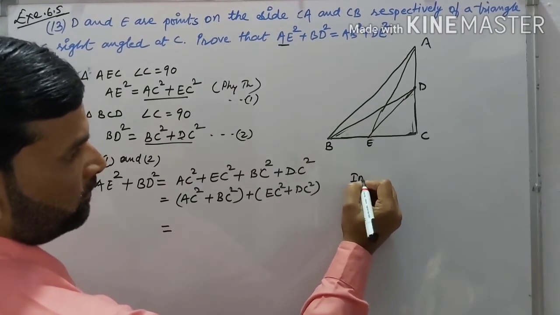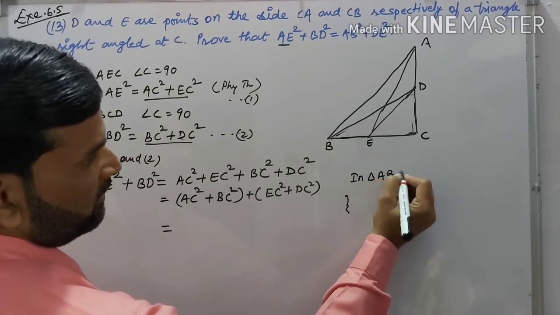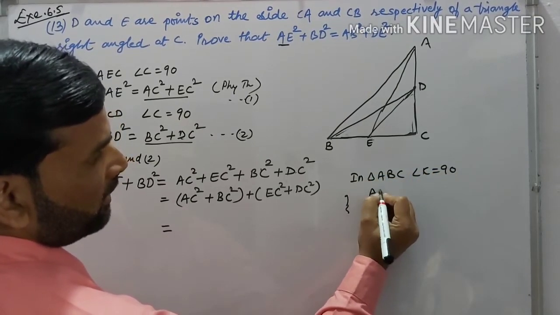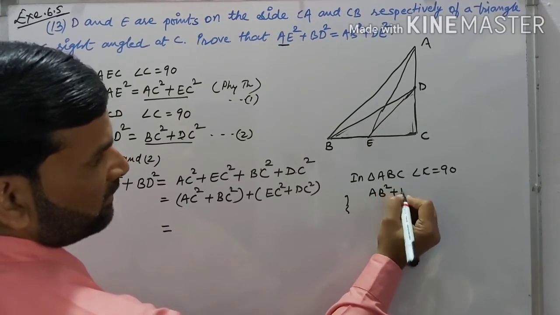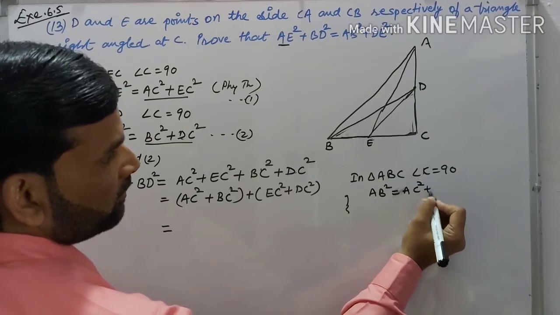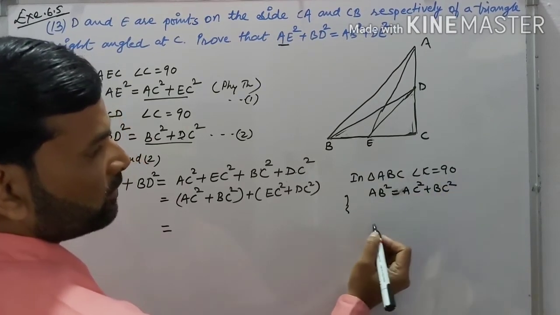In triangle ABC, angle C is equal to 90. So you write AB square is equal to AC square plus BC square.